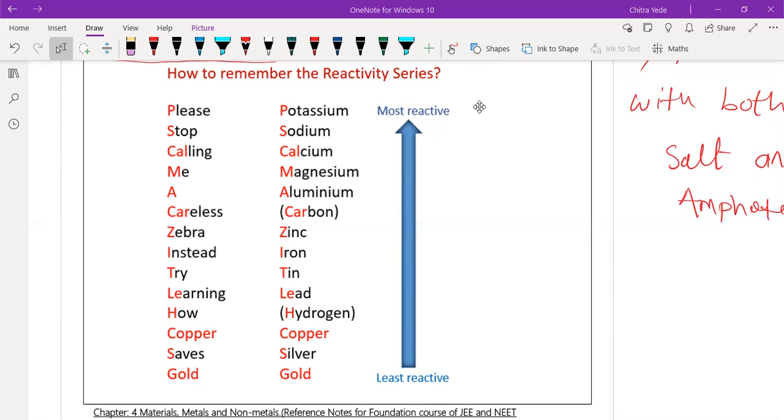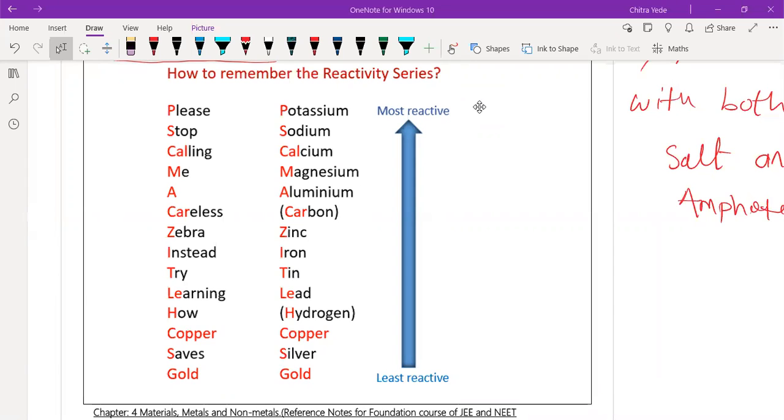Corrode means corrosion: decay, decomposition or degradation of the metal due to the action of air and water. Like if you have iron grills at your home, generally in the rainy season they start corroding. So iron can corrode with water as well as air, but gold is a noble element.